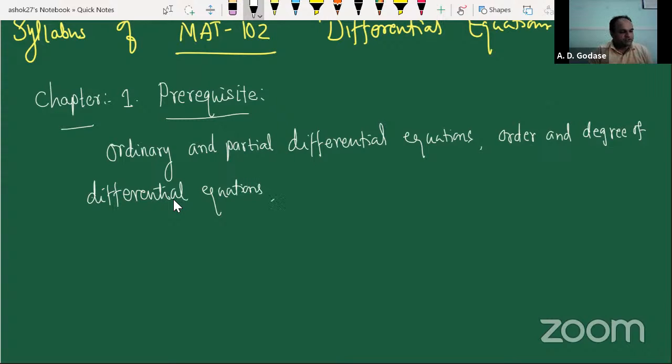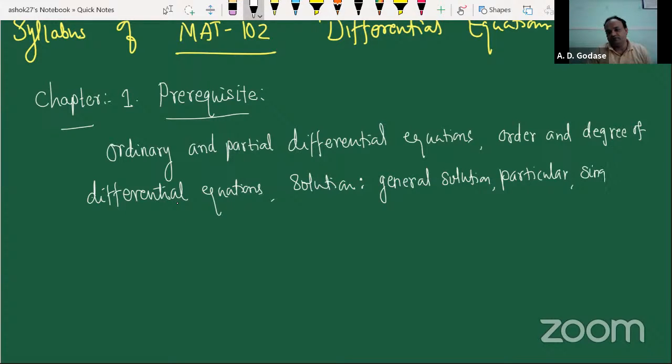After that you will see solutions. What is the solution of a differential equation? A differential equation will be of two types: it will be an ordinary differential equation or a partial differential equation. The solution of an ordinary differential equation and the solution of a partial differential equation will be totally different. In solutions, we will see the general solution, then the particular solution, and then the singular solution.